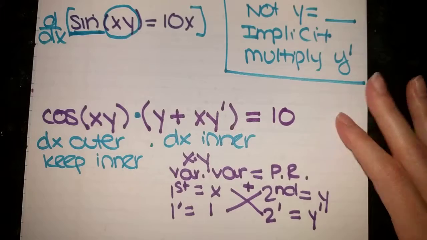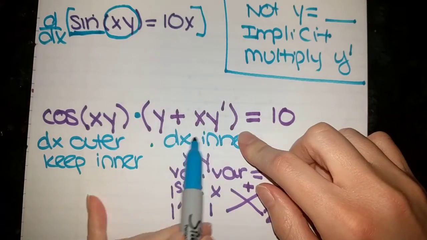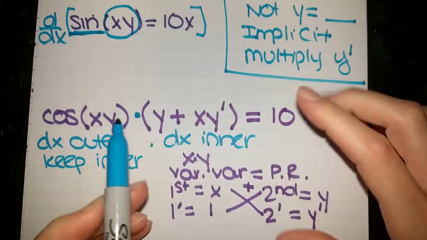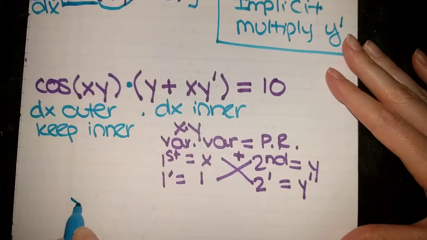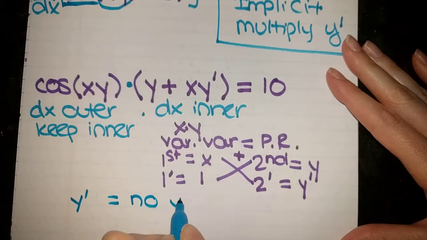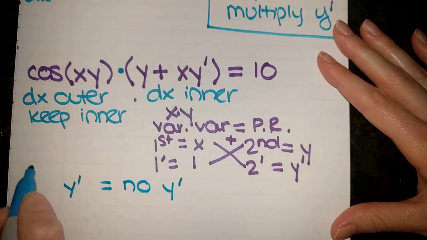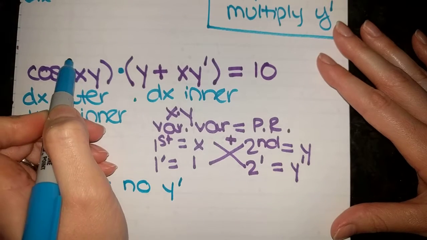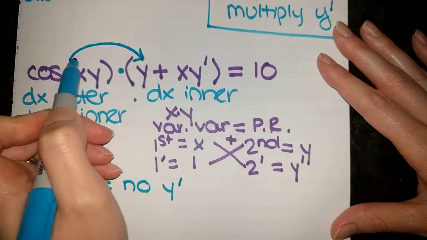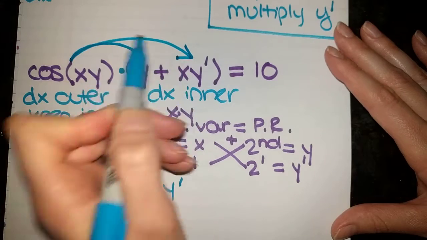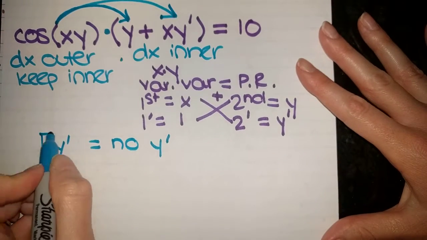And if you look at trying to get your y prime by itself, it is currently entangled in this parenthesis. So in the process of trying to get your y primes on one side and your no y primes on the other, you are first going to have to distribute cosine xy to the first term and also to the second term. So it's going to be an involved process.